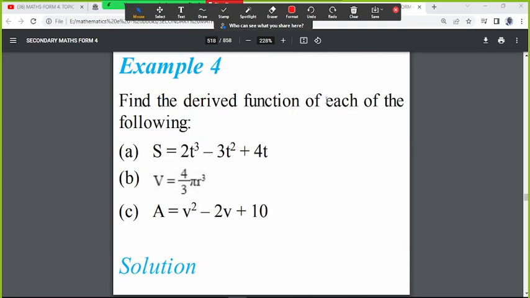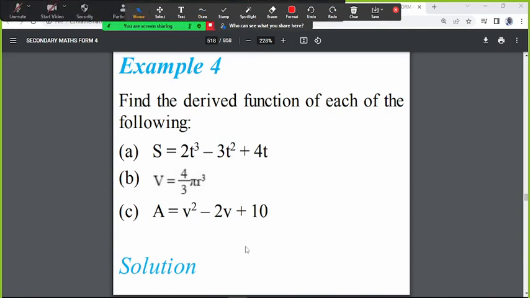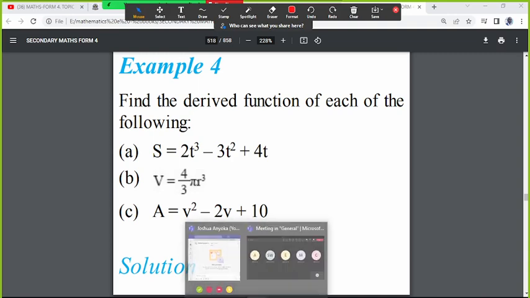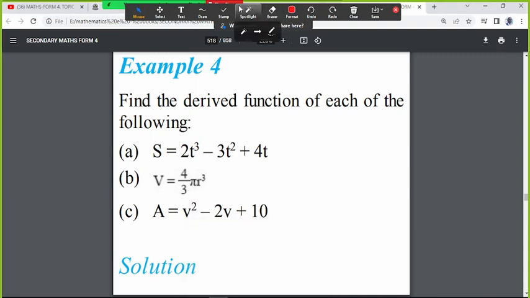Find the derived function of each of the following. This one is quite straight, but it informs us of one thing: it is not a must that we get a function in terms of x. Sometimes a function can be in terms of other letters. For example, here we have s equals 2t squared minus 3t squared plus 4t.